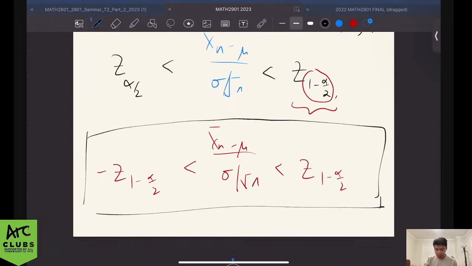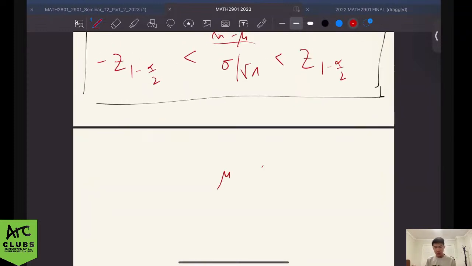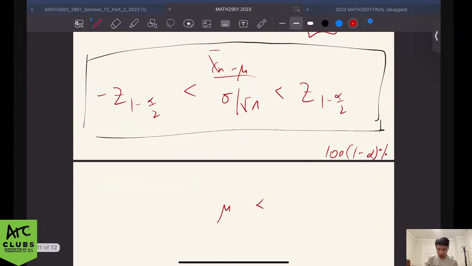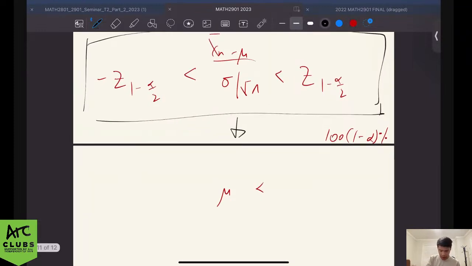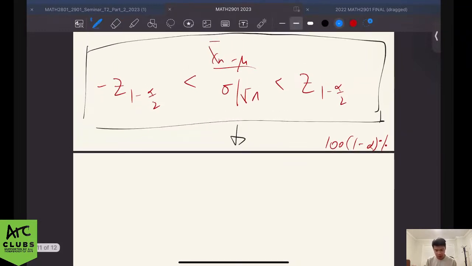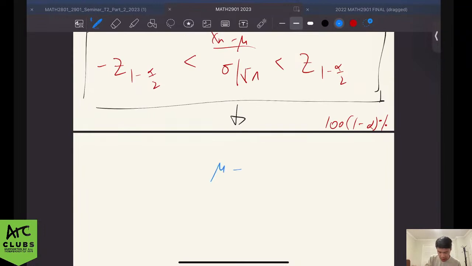The question is, can we write mu lies between two things such that the probability is 100 times 1 minus alpha percent? We can, right? Because you can just rewrite this and make mu the subject. Personally, there are lots of ways to do it, but I would just take the negative. It's going to be the same thing because it's symmetric.